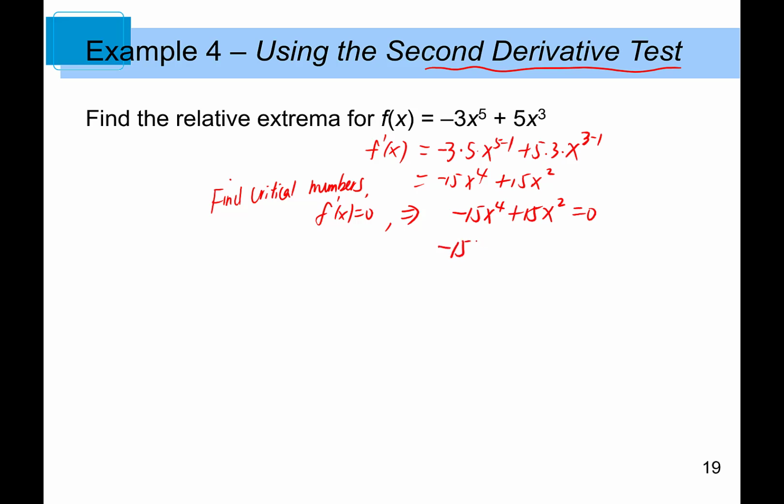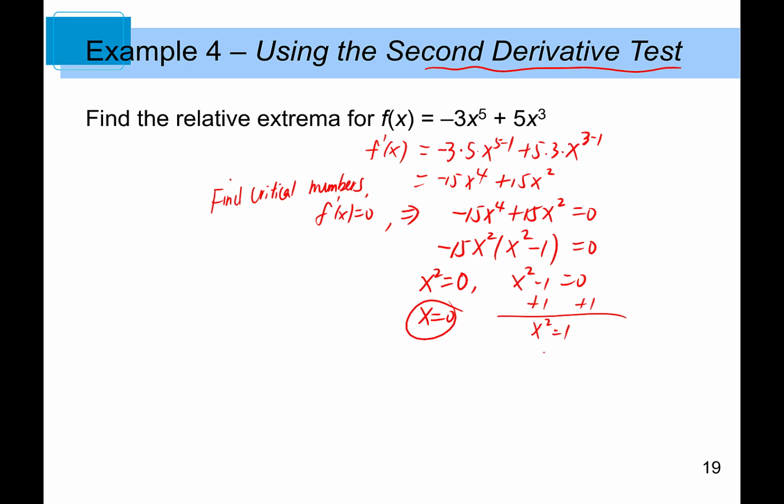Factor out negative 15x squared, then we end up with x squared minus 1 equals 0. And 3 zeros: x squared equals 0, x squared minus 1 equals 0. x equals 0, that's the first critical number. At 1, we get x squared equals 1, so x equals plus or minus 1. So 2 more critical numbers. So we have 3 critical numbers.